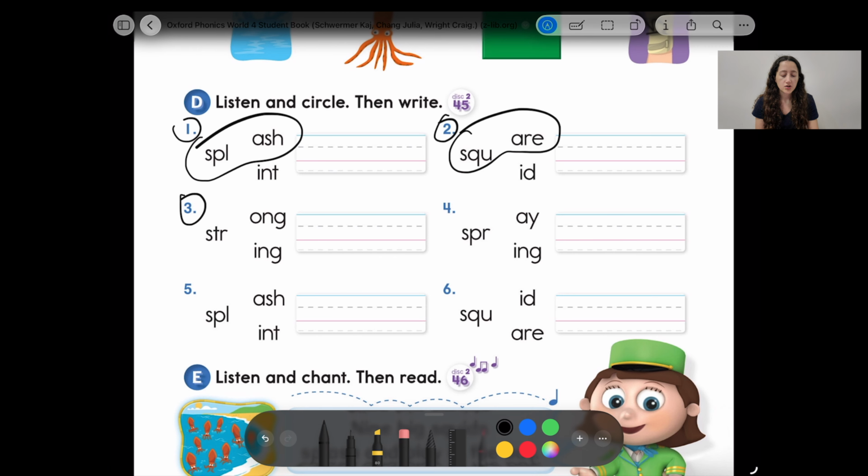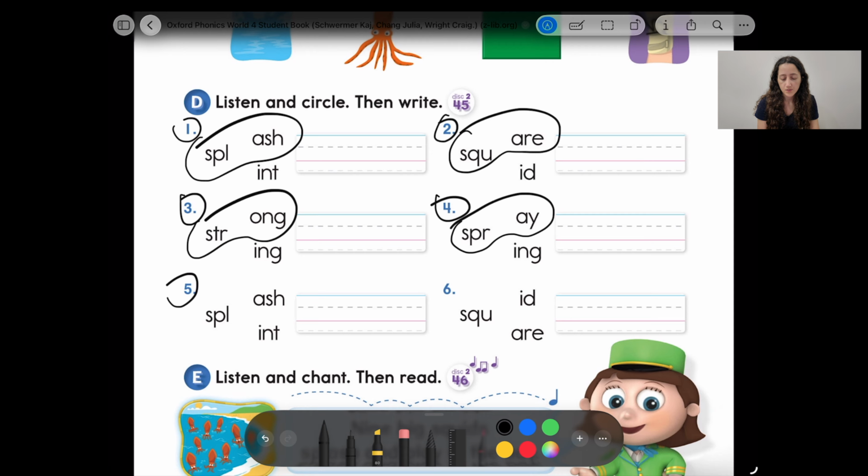Number 3 is strong. Strong. Number 4 is spray. This is a spray. Number 5 is splint. This one is a splint. And number 6, it's squid. This is the squid.